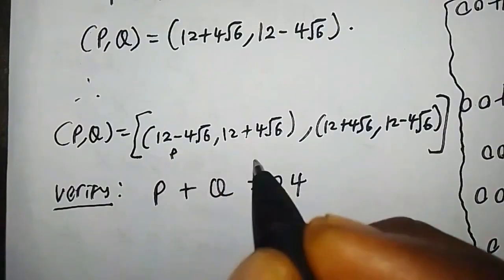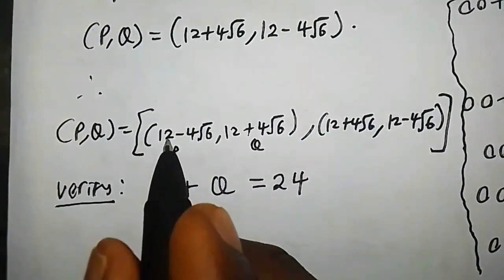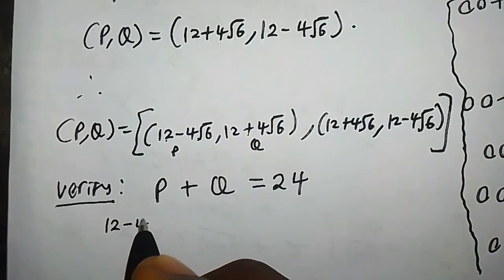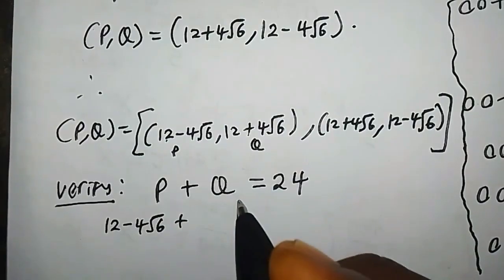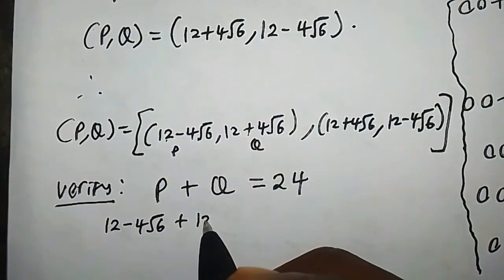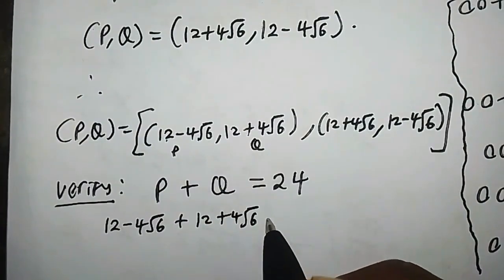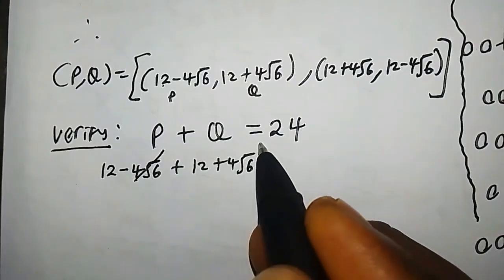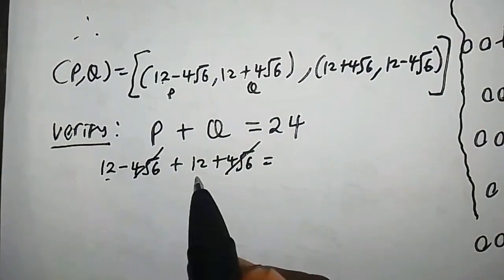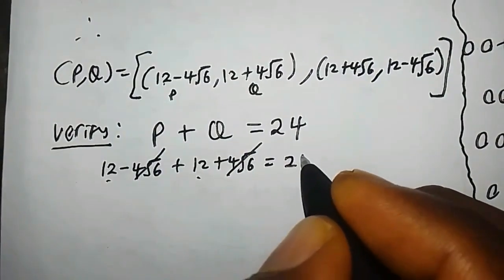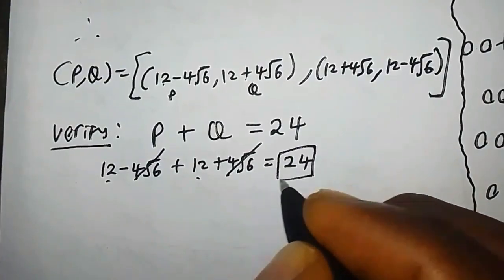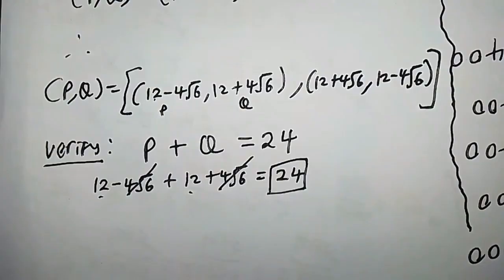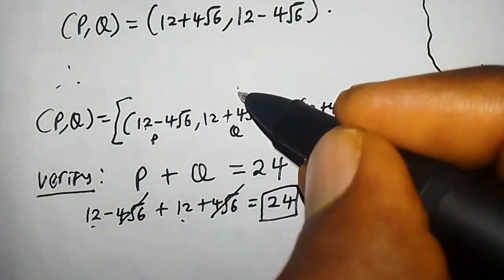This is P and this is Q. In place of P, we write 12 minus 4 root 6, plus Q, we write 12 plus 4 root 6, equal to, clearly, minus 4 root 6 plus 4 root 6, that is 0. 12 plus 12, that is 24. This is the same thing as what we have on the right hand side of this equation, 24. That means indeed the first solution is correct.